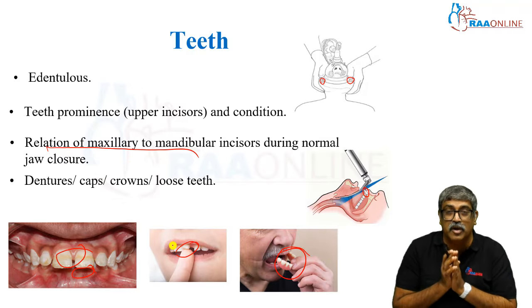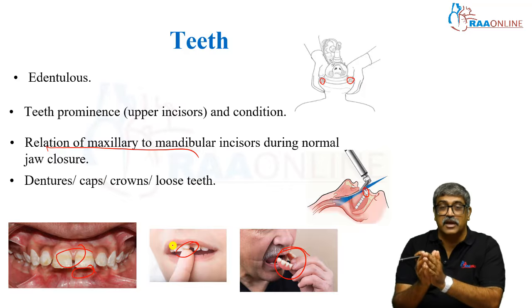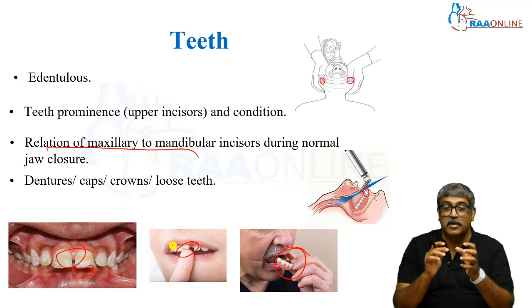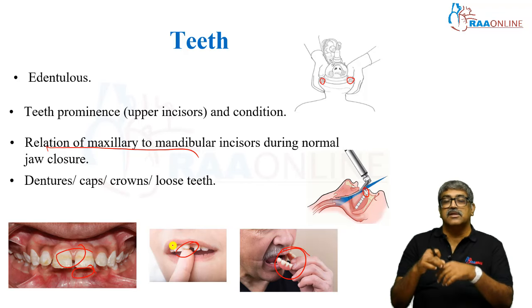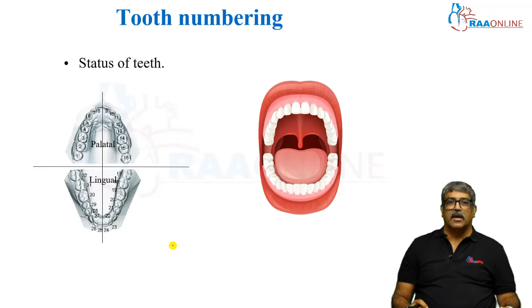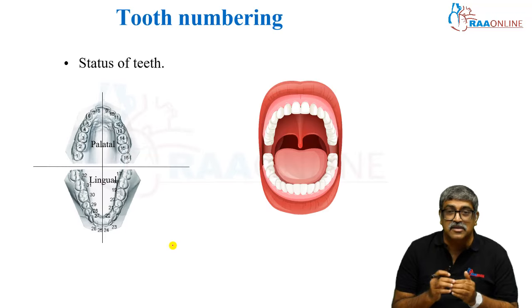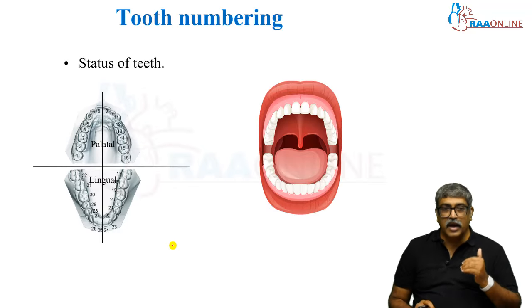You have to look at the preoperative airway assessment. And if a denture is in place, you should leave the denture in place because ventilation will be difficult without dentures. And you can remove the dentures after laryngoscopy and securing the airway. And the status of the teeth is very, very important. All the 32 teeth should be numbered.